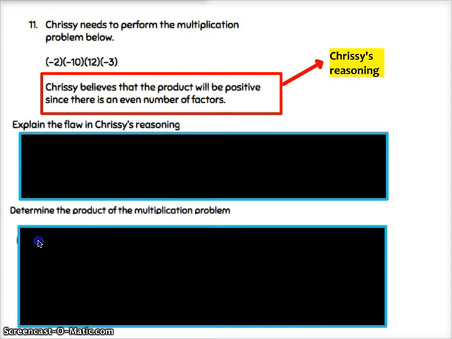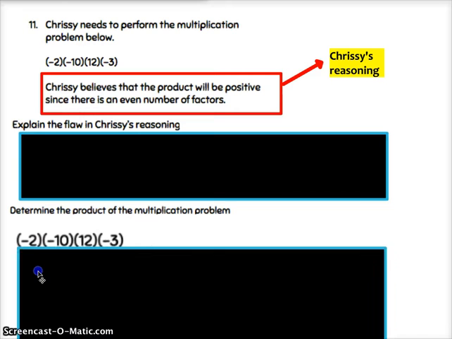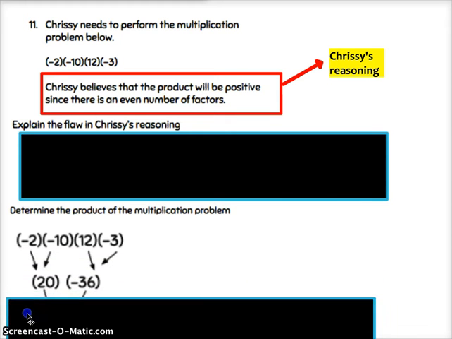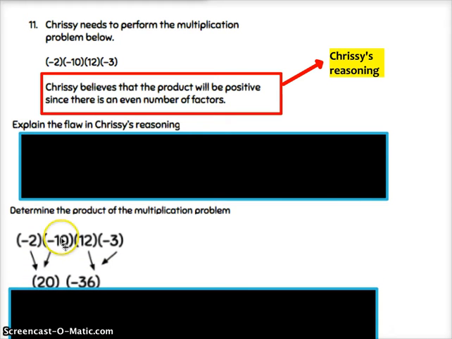So, determine the product of the multiplication problem. We have 4 numbers we're going to multiply. A way to make this go faster is to multiply 2 of the numbers at a time. So here, I multiplied negative 2 times negative 10, which is 20. A negative times a negative is a positive.